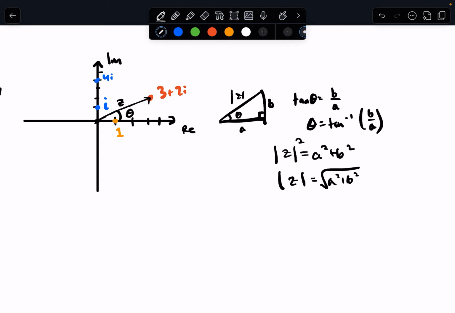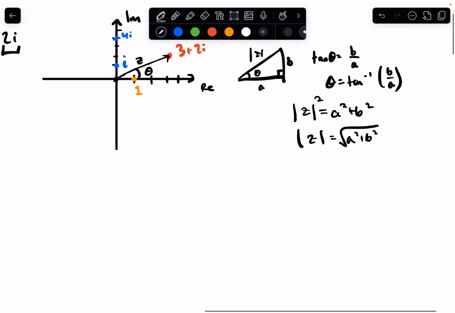And this actually allows us to express complex numbers in this form. So first of all, say you have some angle theta, you know the angle theta you're given. And on a unit circle, let's say this distance is 1.